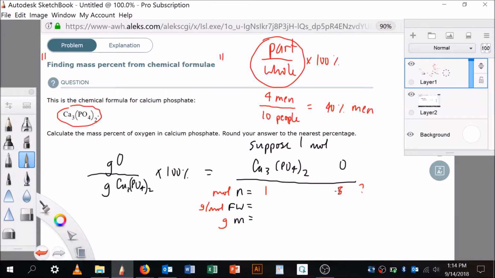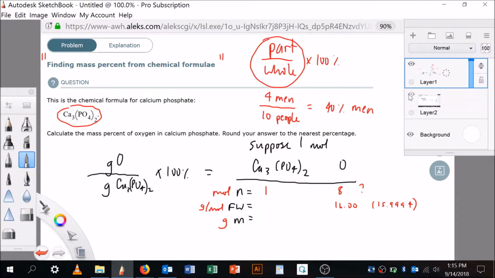Now, what's the formula weight of oxygen? It's 16.00. I think the calculator in Alex says 15.9994, which rounds to 16.0 at 4 sig figs. So let's say 16.00 for now. And let's find the formula weight of calcium phosphate.